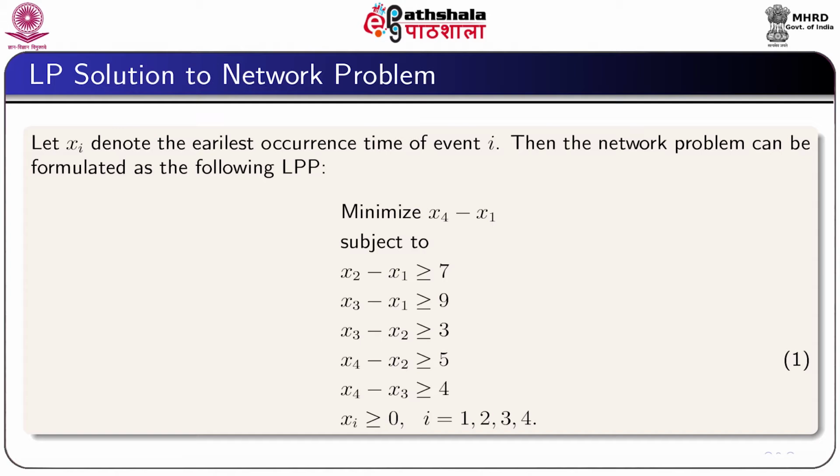For the activity 2-3, x3 minus x2 greater than or equal to 3, and for the activity 2-4, x4 minus x2 greater than or equal to 5, and finally for the activity 3-4, x4 minus x3 is greater than or equal to 4. Here the right hand quantities of the constraints denote the activity times. Obviously, all the variables xi are non-negative.